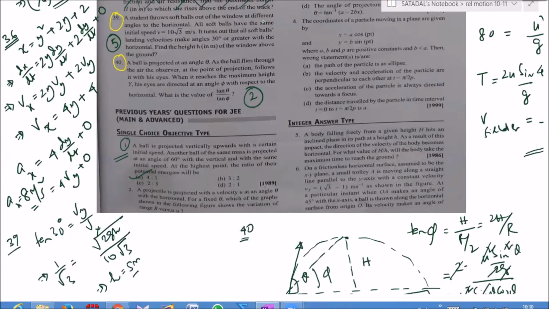Yeah, right. Yes, correct. Yeah, Nikita, tell me. Sir, 4:1. Yeah, correct. Chalo.